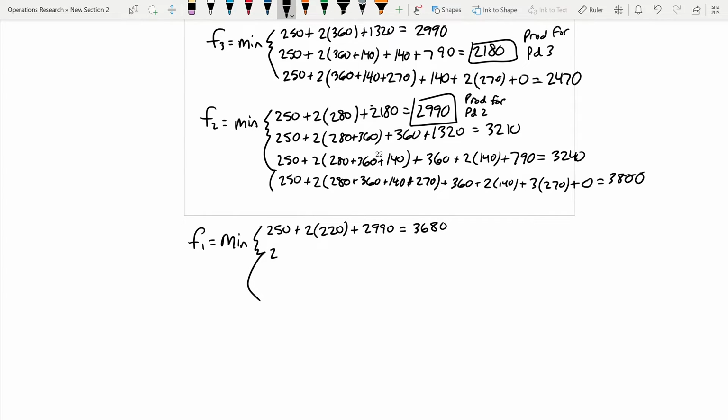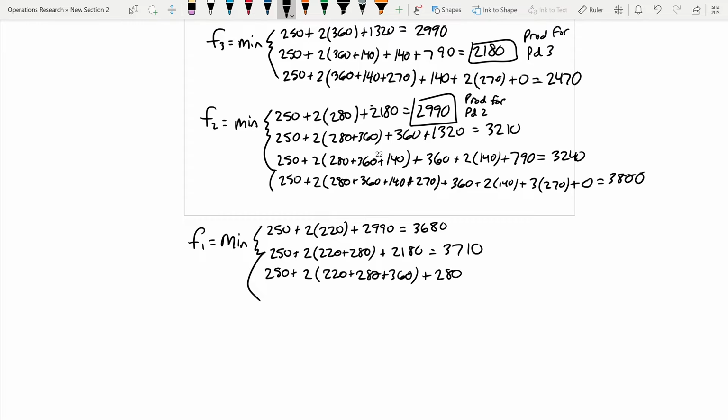If we do periods 1 and 2, we have 250 plus 2 times 220 plus 280 for the two demands. And then we add on 2180 from F sub 3, and that's going to equal 3710. If we do periods 1, 2, and 3, we have 250 plus 2 times 220 plus 280 plus 360 plus 280.